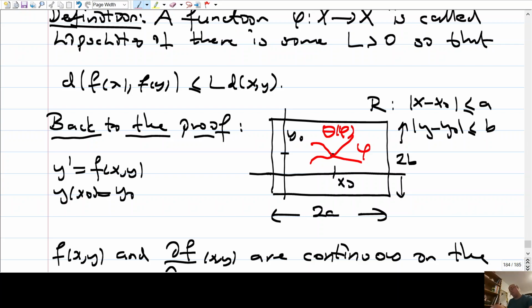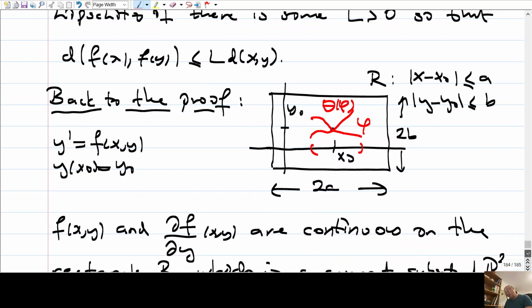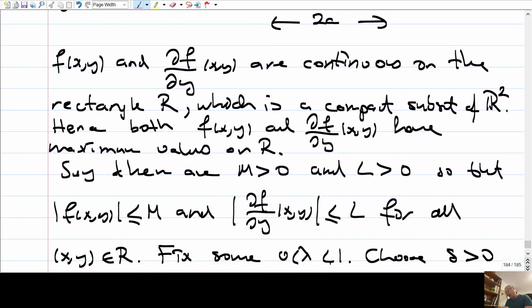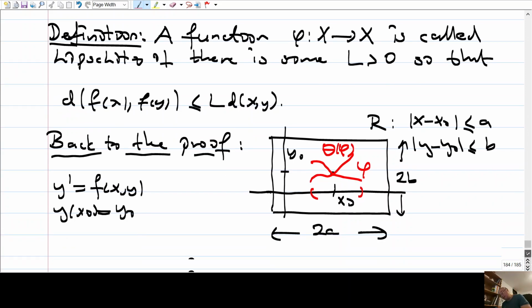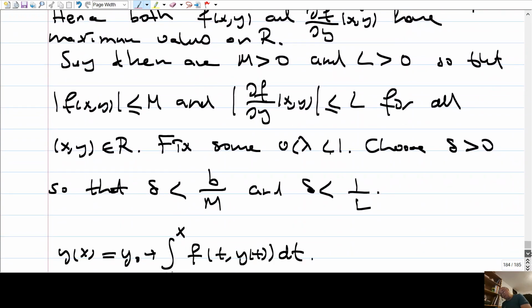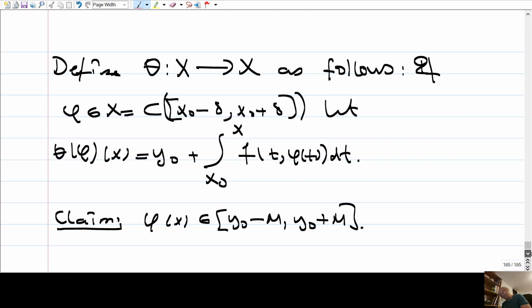But I want to make sure that at least in this delta neighborhood, the graph stays in R so that I can use these bounds, like I have this L and M. If the graph of this function goes outside this rectangle, then I cannot play this game. So let's see why this is the case.